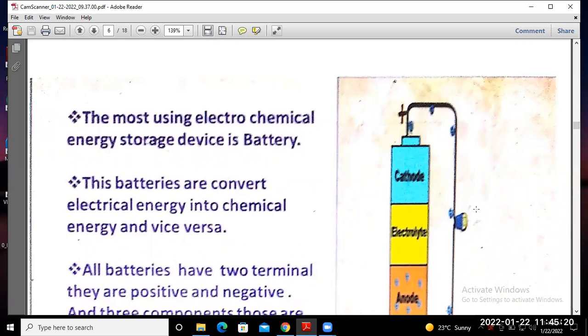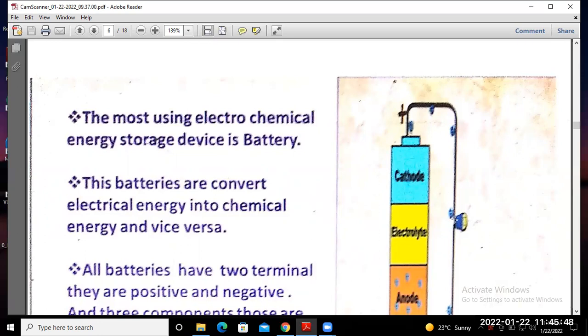Here you may find the movement of electrons and the flow of current. Current flows from this terminal to this terminal, so the flow of electrons is opposite to the flow of current. That means electrons flow from anode to cathode, but current flows from cathode to anode, the positive terminal.